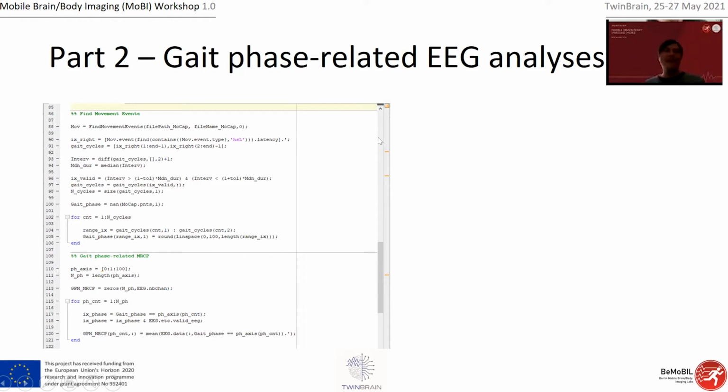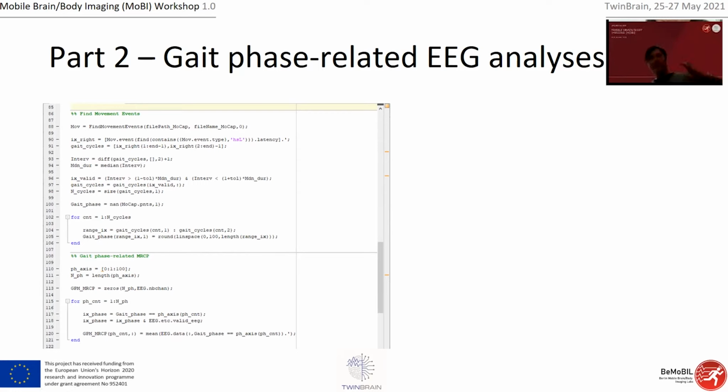I'm trying to define these gait cycles and compute the intervals. Having these gait cycle markers, which are just markers in time, I interpolate from every marker to the next. I find the range of each gait cycle, when it starts and where it stops, and I did a very simple linear interpolation from every event to the next.